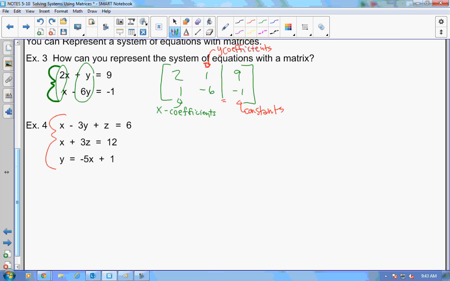If they're not in order, you have to use your inverse operations to get them in the right order. So you have your x's, your y's, your z's, and your constants in that order. And if it's missing a term, then you put a 0 as the placeholder.